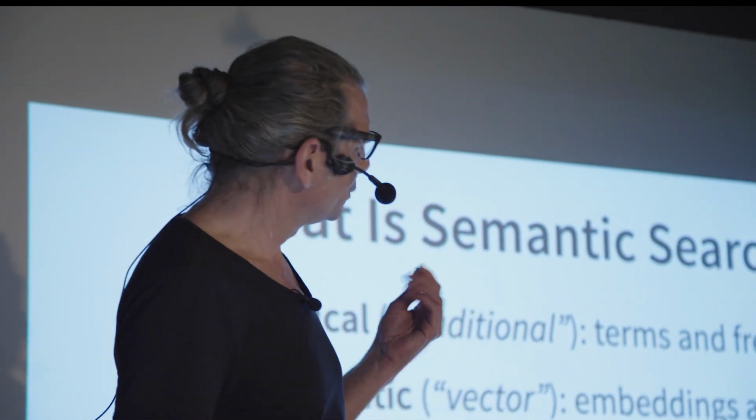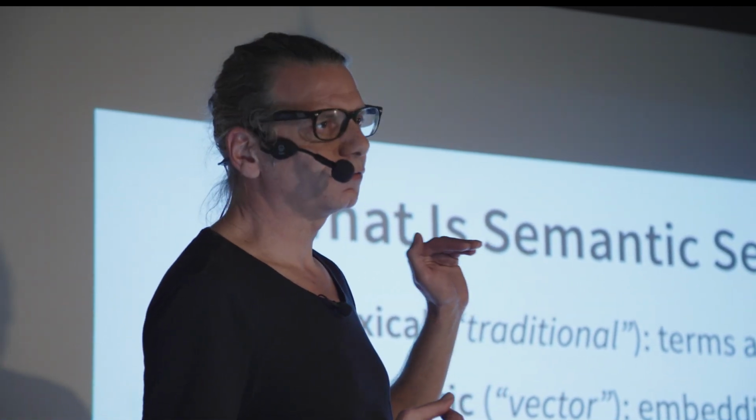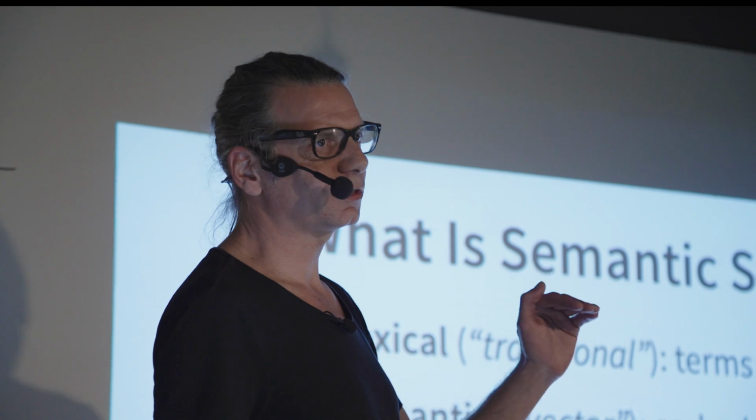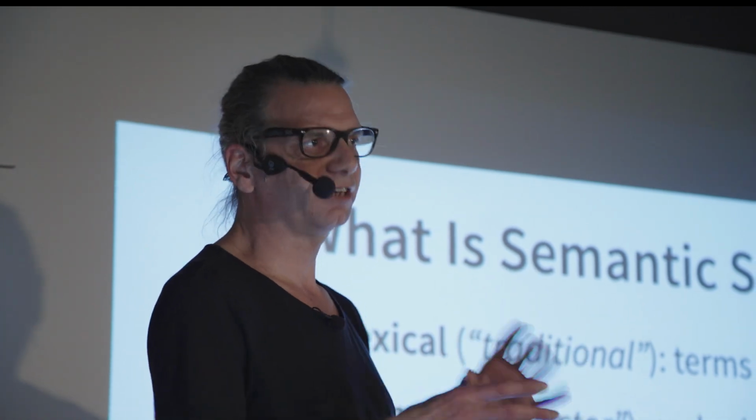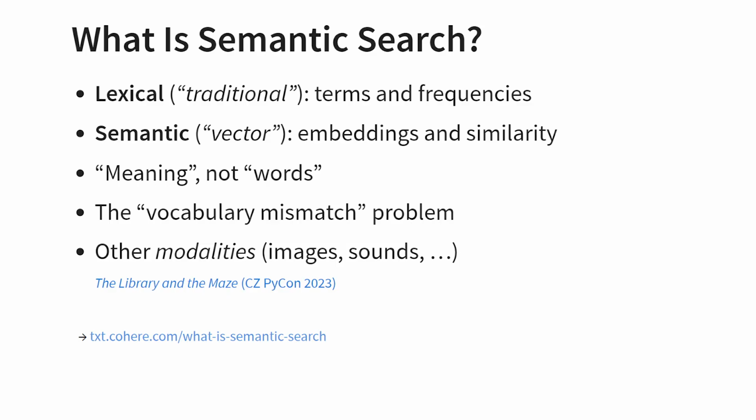But it works on the fundamental level of language, words, terms, frequencies, right? You know TF-IDF, the term frequency and inverse document frequency, BM25. Sorry, there's a lot of math involved, counting all these frequencies, keeping track of these statistics. But fundamentally, it's about words.